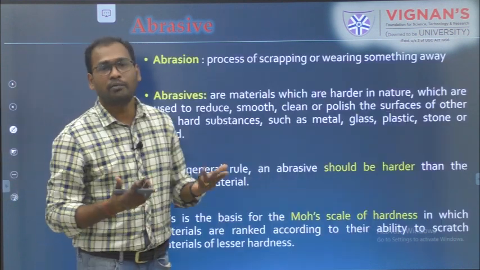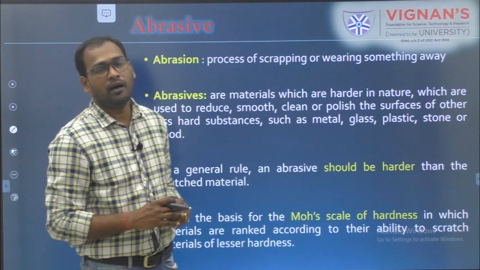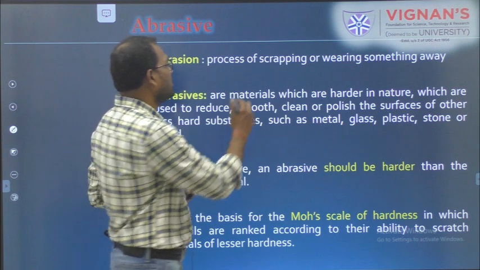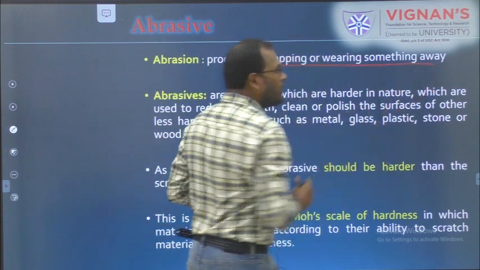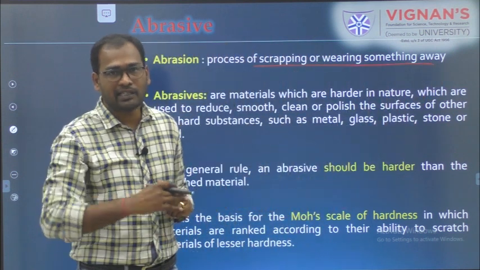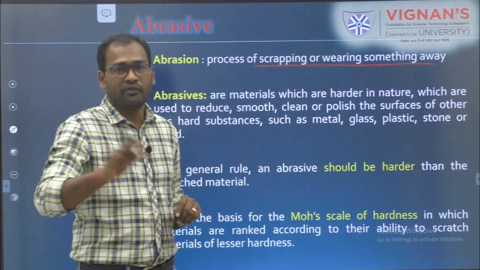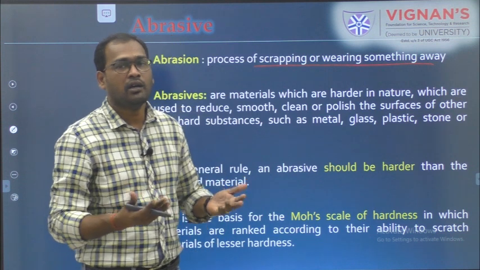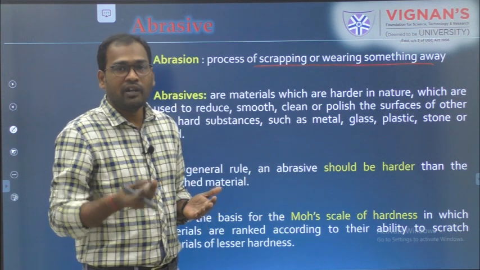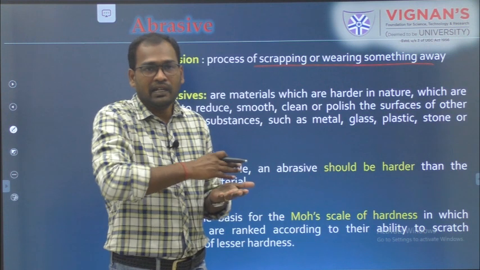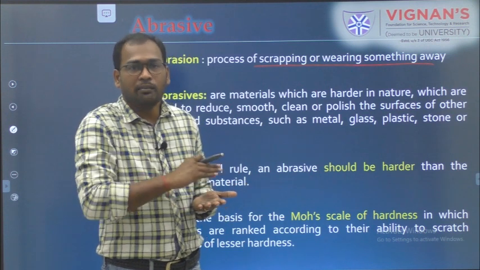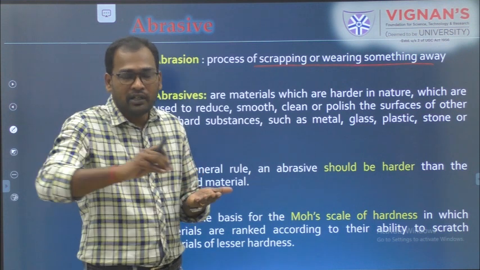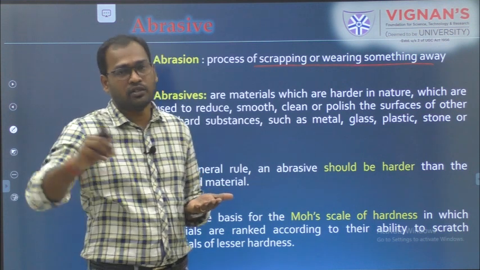So, what is abrasion? Abrasion is scraping or wearing off something from the surface. It can be an already damaged surface, or a very clean surface where, if some other material falls on it, it might chop off some part of the layer, or form some irregularities or a scratch on the surface.